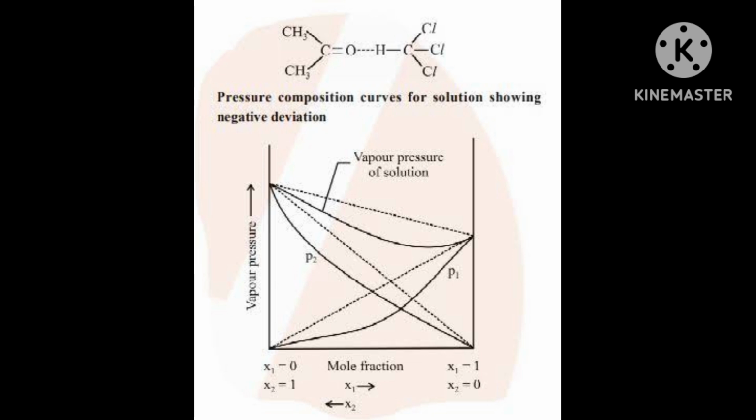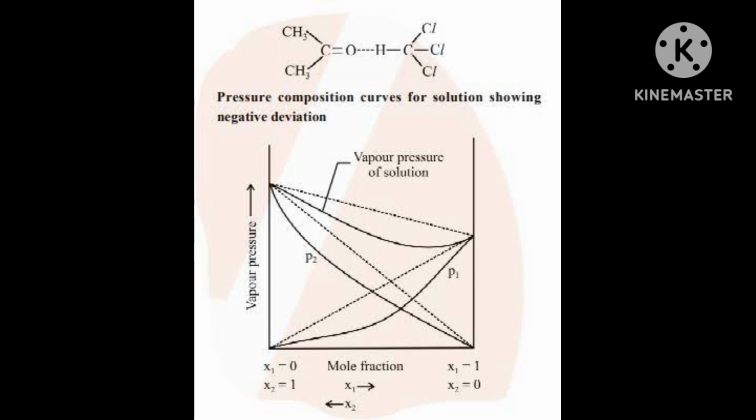If you take a solvent and a solute, the one whose vapor pressure is less will automatically be the solute, because the large quantity is considered the solvent. If the solvent is more, then obviously pressure will be more. So the solvent will show more vapor pressure and the solute will show less.